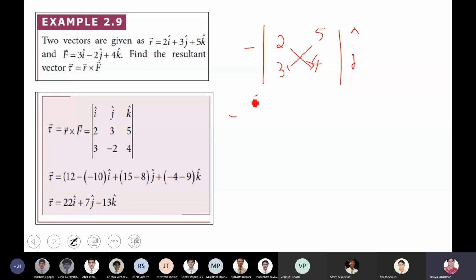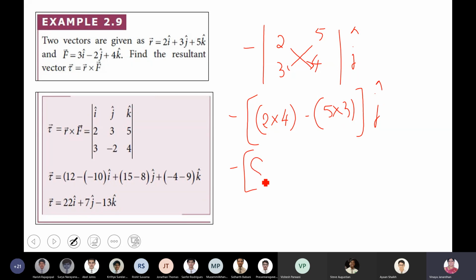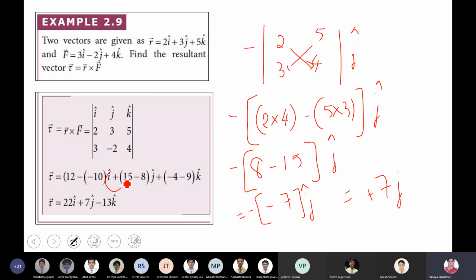So it's minus of 2 into 4 minus 5 into 3, J cap. So minus of 8 minus 15, J cap. So that becomes minus of minus 7 J cap. So that comes to be plus 7 J cap. They have taken the sign plus outside. That's the reason. It will be plus 7 J cap.